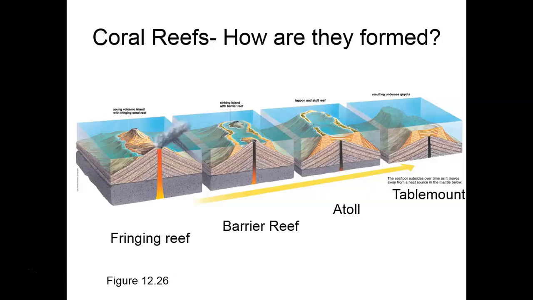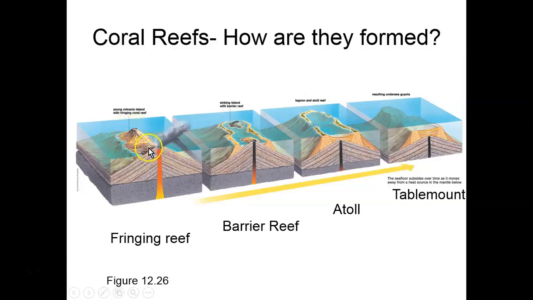Okay, so right here we have a new island that has formed, and what will happen is the zooplankton that are coral will eventually settle down on the hard substrate in the shallow waters and start to grow and develop into what's called a fringing reef. It fringes the edges of the island.